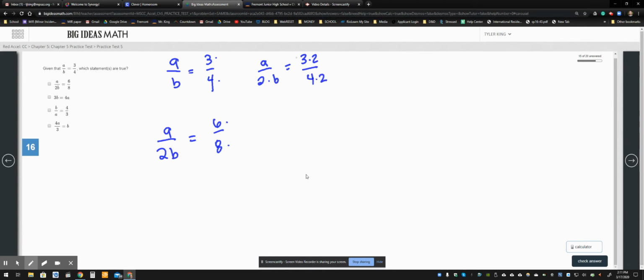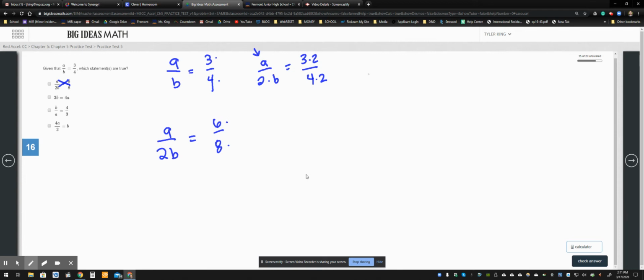Now, because everything got multiplied by 2 except for a, it's not the same. They're not going to be equal to each other anymore, okay? Because we can't change these three things and expect it to still be the same ratios or the same rates. So this one is not going to be true, okay?